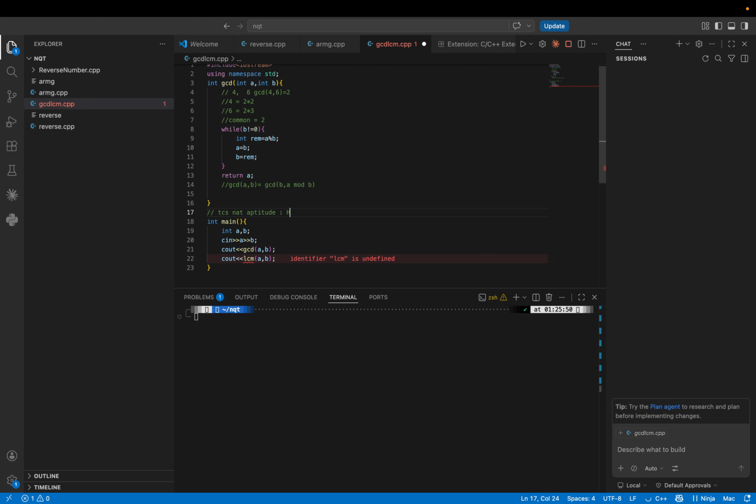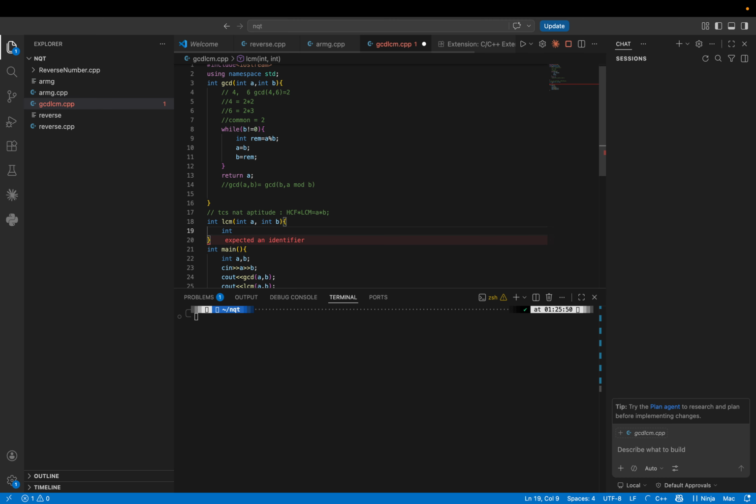We generally say that HCF into LCM is equal to A into B. We will use the same for this int LCM function, with int A and int B, where I've got the GCD and need to find LCM.